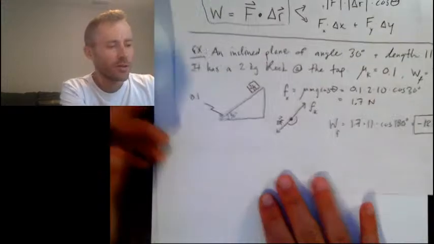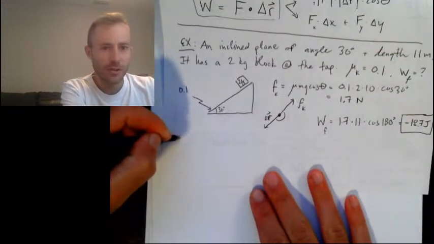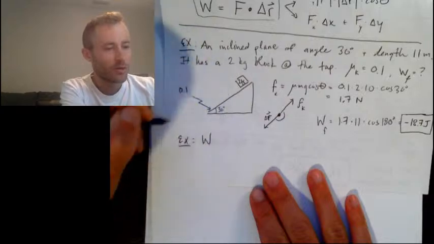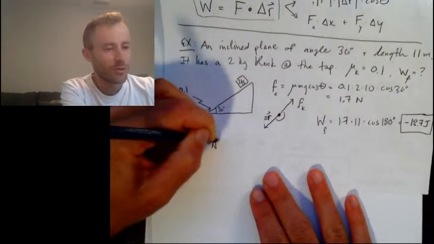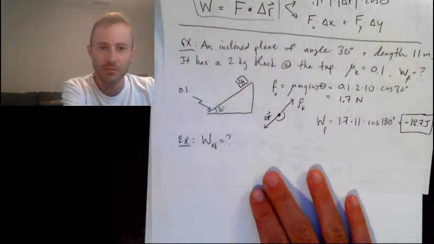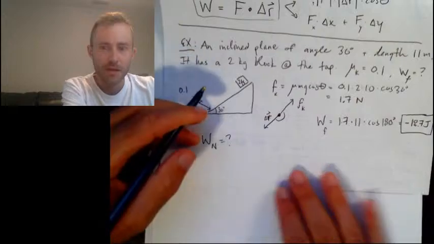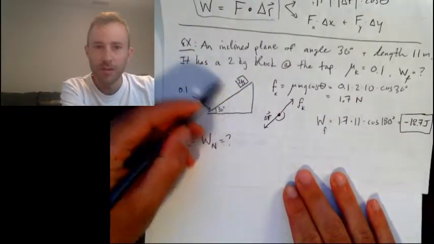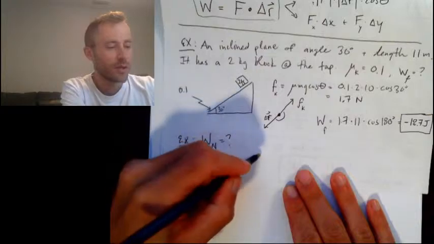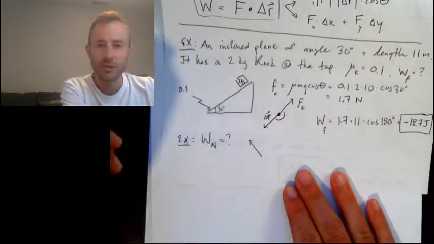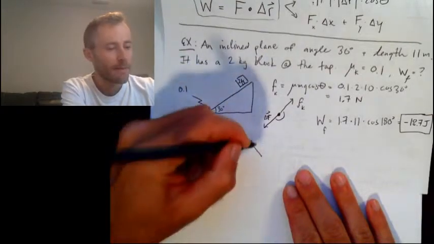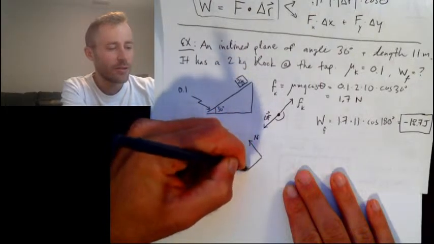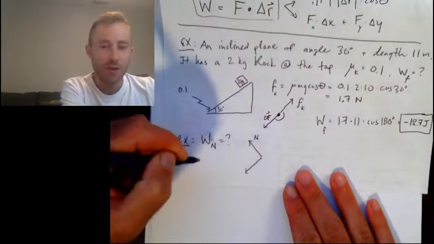I'll do one more example. What is the work done by the normal force in this same situation? The normal force points perpendicular to the incline, and the displacement is along the incline.